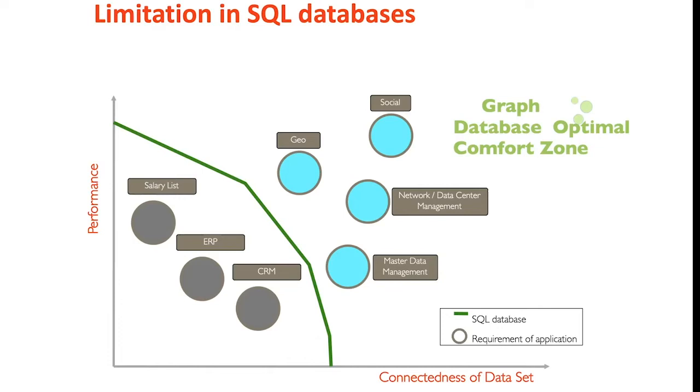Now, in the majority of organizations where we are trying to capture social data, data coming from the web, etc., we definitely need graph databases, and that's where the need for knowledge graphs and network science comes in.